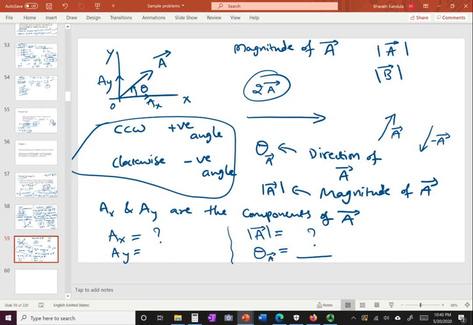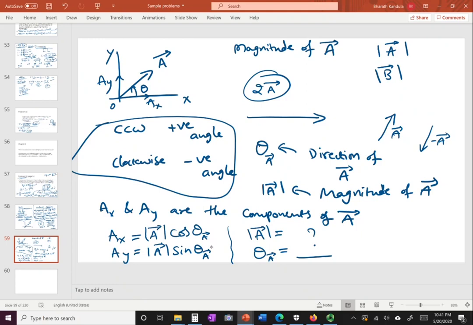To find the component Ax, we use this formula: magnitude of A times cosine of the angle, that is, the angle that vector A makes with the x-axis. To find the y component of the vector, we use the magnitude times the sine of the angle. This is the simple formula.